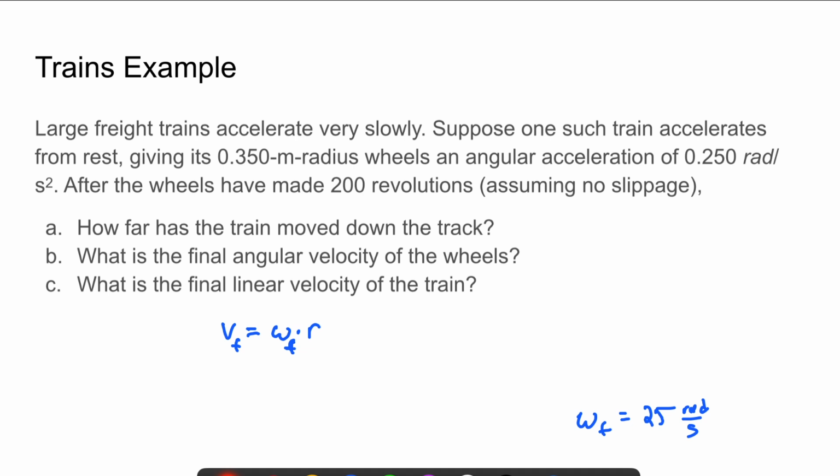Great. And then we can find our final translational velocity by multiplying that angular velocity, or 25 radians per second, times the radius, which was 0.350 meters. And that should give us about 8.8 meters per second.